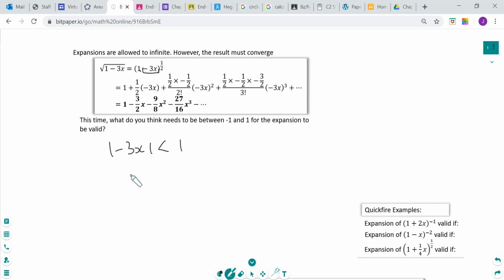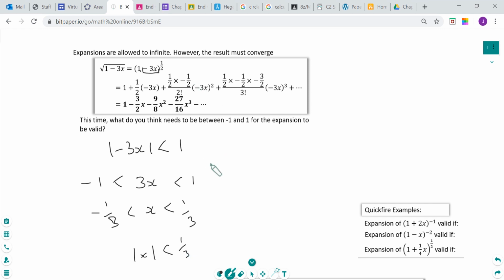If I work backwards, it's going to be minus 1 and 1, if I undo the modulus sign, it's going to be 3x, and then I can divide both sides by 3. It's going to be when this condition is fulfilled. Or a neater way of saying that is you could just say that the absolute value of x is less than a third.